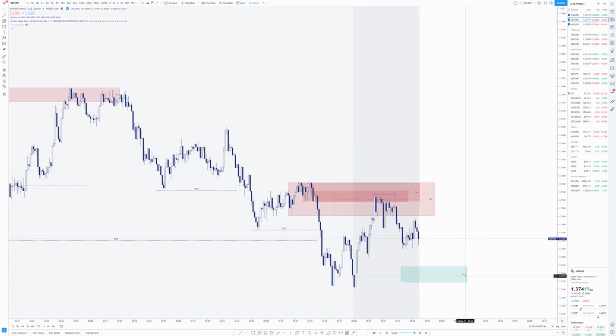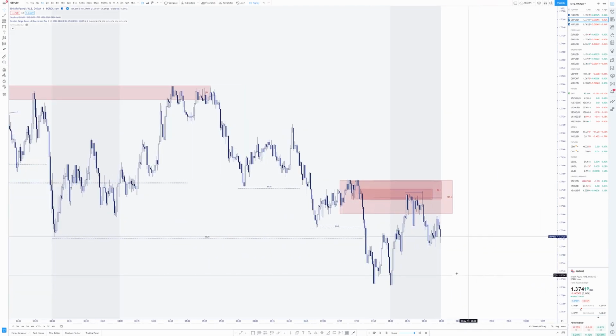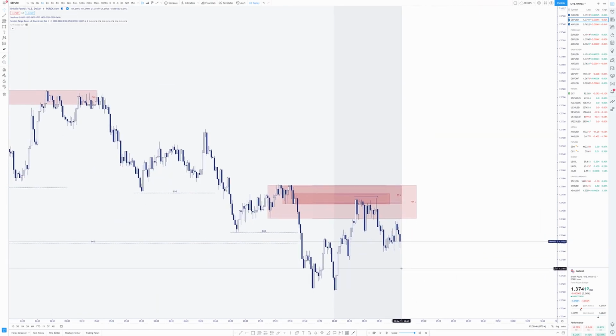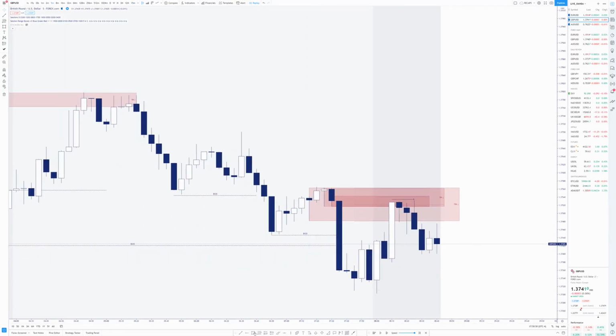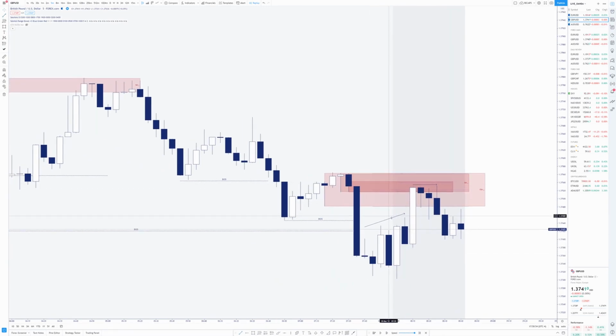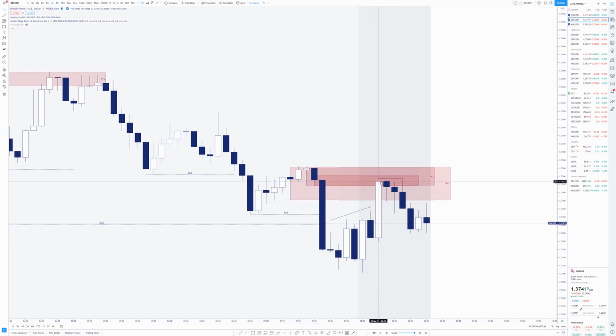So moving back to the 15-minute here, there's a couple things I want to mention. This is the 5-minute, where price action can get misleading. We do technically have liquidity that's built here, trendline liquidity, and that gets swept into this.